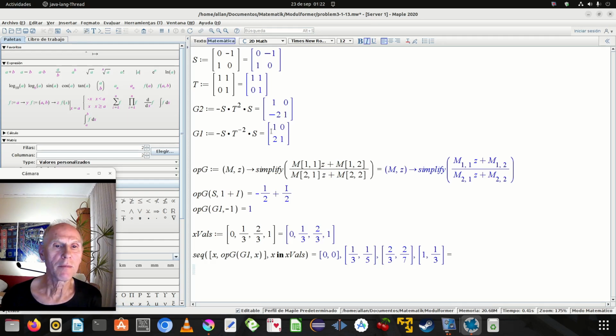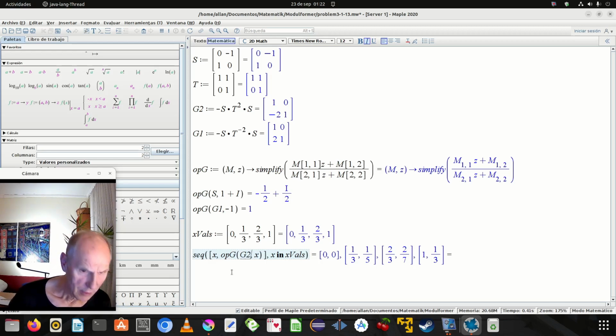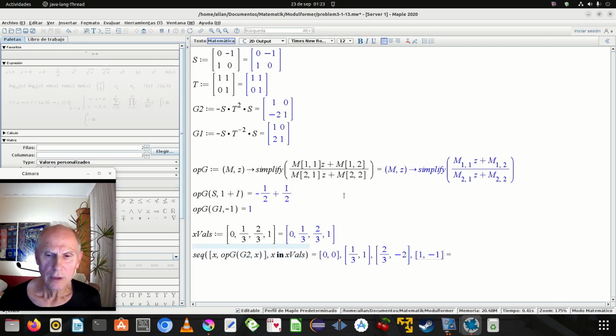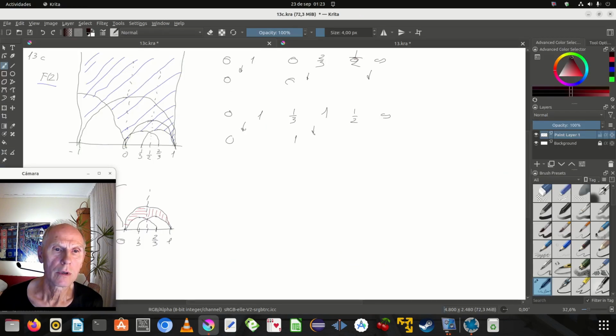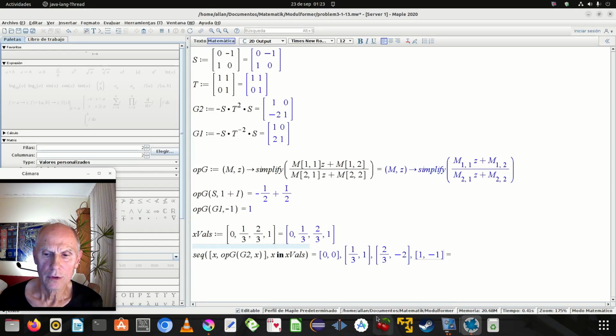So I programmed it in Maple, the operation of the matrices on the complex plane, and tested it, and then G1 gives 1/5, so that's not what we want. Let's try G2. That sounds much better. 0 goes to 0, 1/3 to 1, and 2/3 to minus 2.